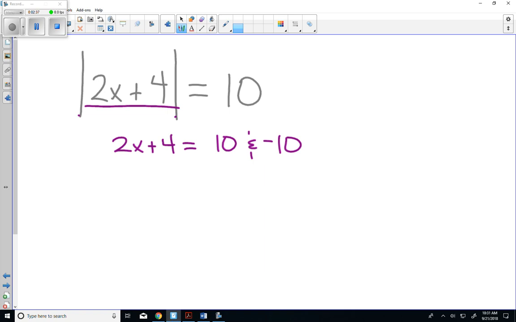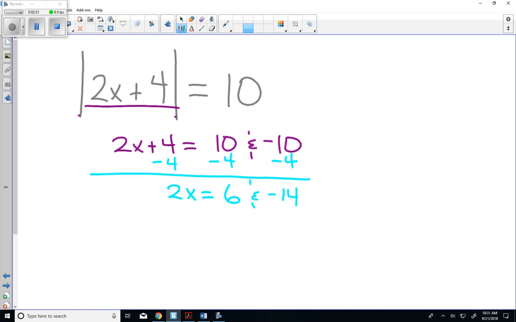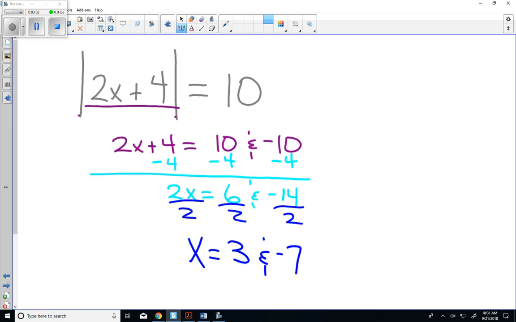And so now we would solve for x by subtracting 4 from both 10 and -10 to get 2x equals 6 and -14. And finally, you divide by 2 to get x equals 3 and -7. Now, this is one way to have it written.